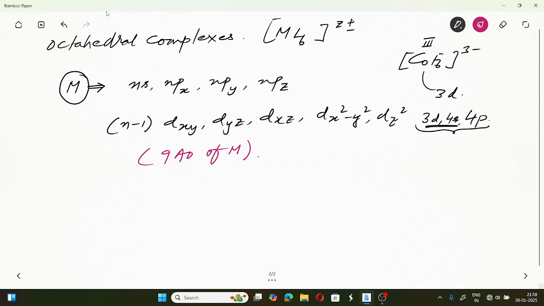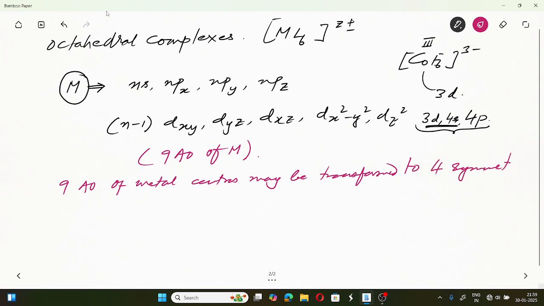Now these 9 atomic orbitals of the metal center may be transformed to 4 symmetry groups. In terms of their symmetry, they can be classified into 4.